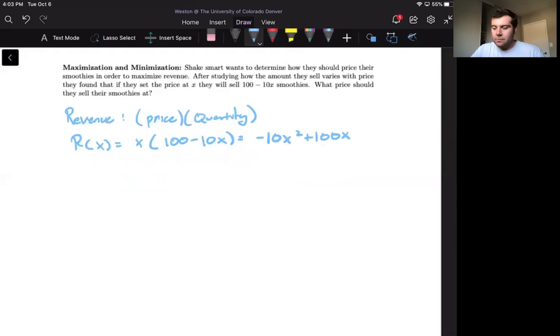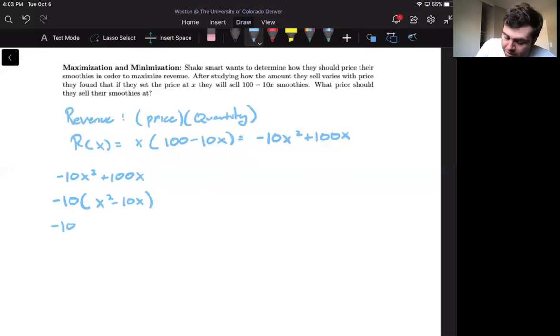So what we're going to do is start with minus 10x squared plus 100x and just walk through completing the square. We'll factor out this negative 10 and we get x squared minus 10x. Now we want to add and subtract something so that we can turn this into a square. So we take 10, divide it in half, that's 5, and square it.